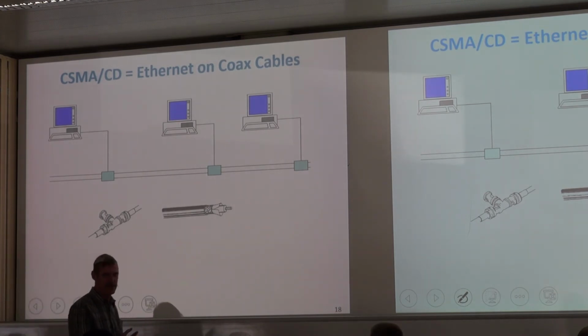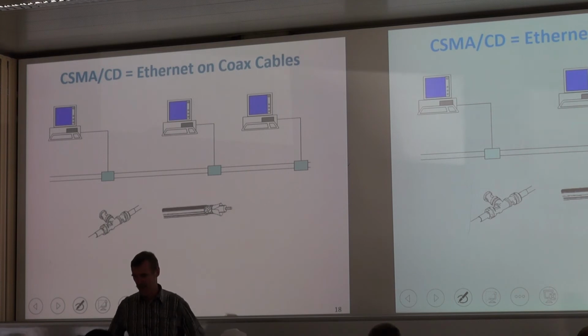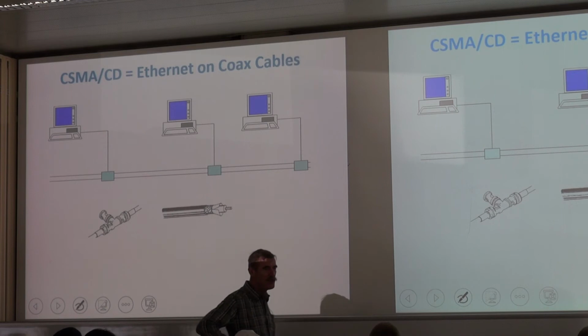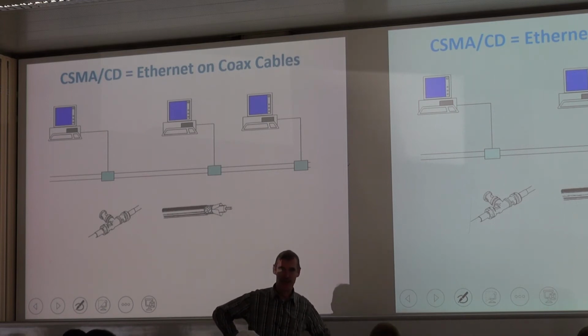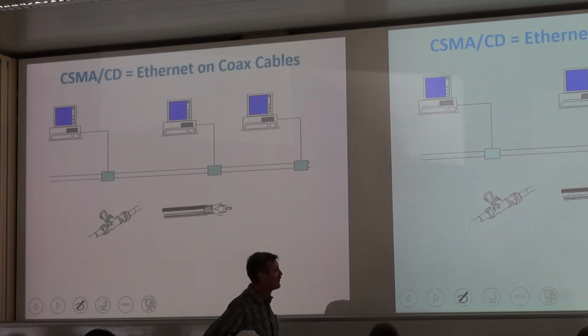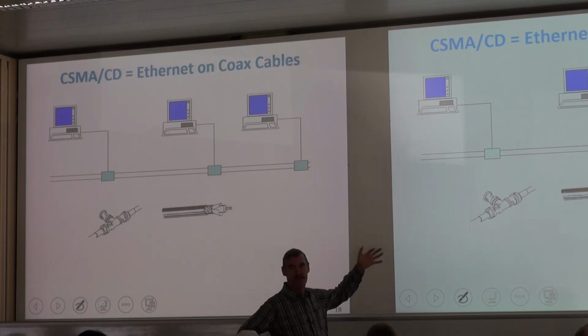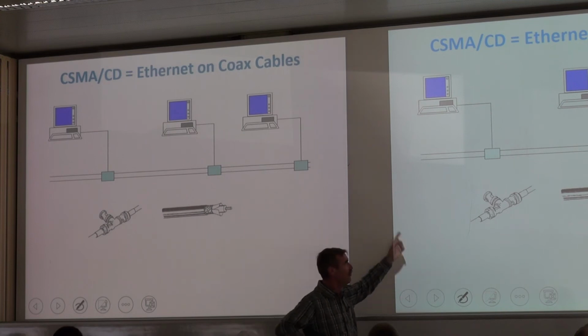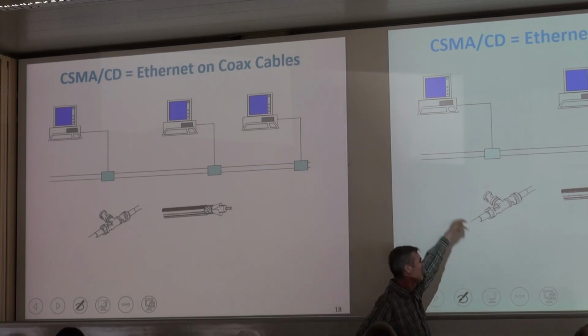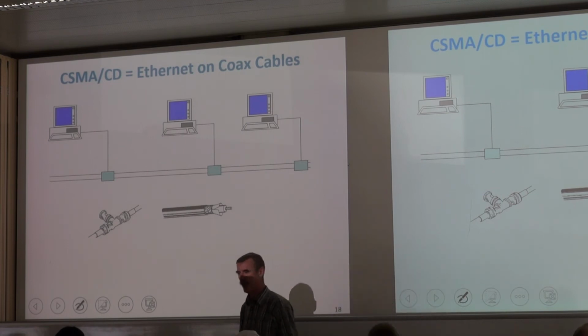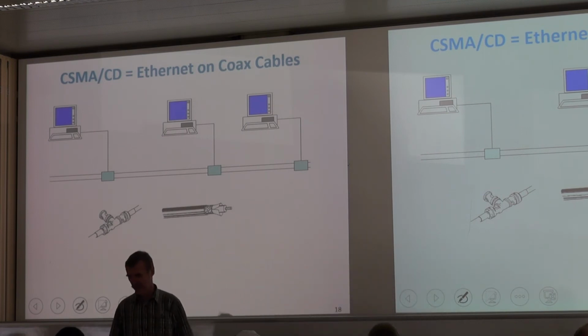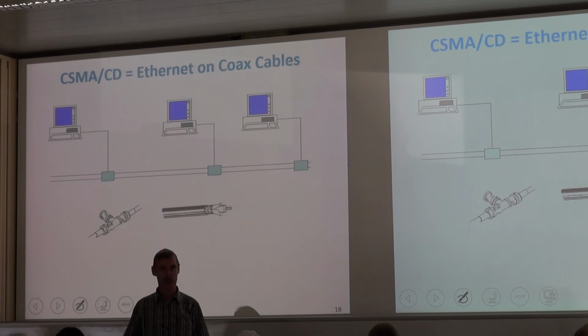It's the one that is typically deployed on coax cable, which you very seldom see today in this form, although in the lab, in the Internet Engineering Workshop, we have a number of cabling systems where we can really do the original Ethernet cabling. You take a coax cable, you put a T connector, you connect your PC into it, and the network is the cable, and you use CSMA/CD. If you do that, your cable has to be at most 2 kilometers in length.